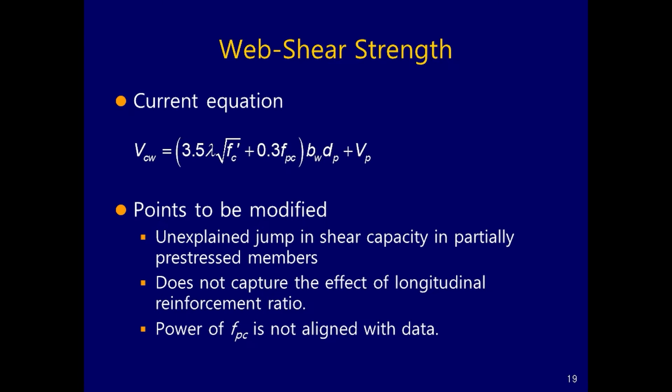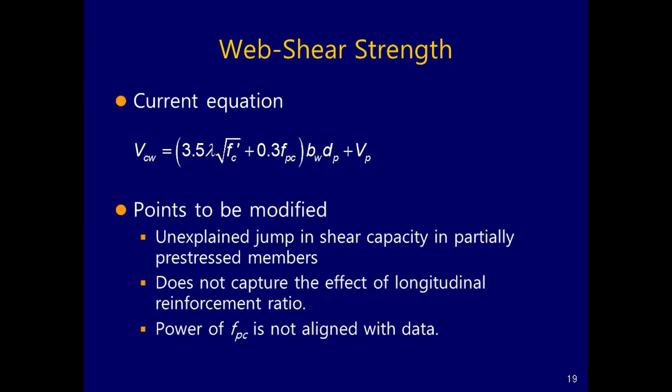With very small pre-compression, shear strength will be merging to 3.5 square root f'c b_w d_p. However, that's way greater than RC's 2 square root f'c b_w d capacity. So that's not explained well.